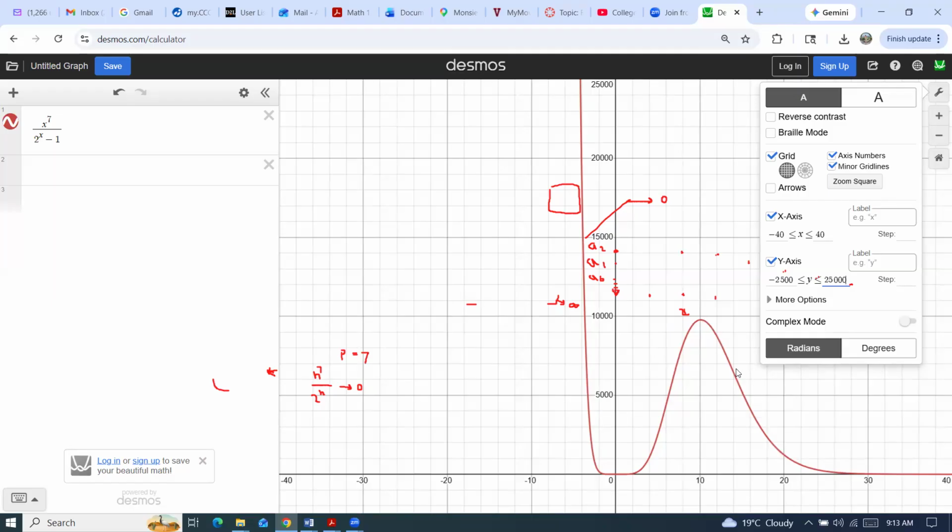So we kind of need to know what the graph looks like. The point of the story is you need to know what the graph looks like, because otherwise, if you just get the calculator and graph it in the standard viewing window, which is going to be like 10 by 10 or something, you're going to see nothing.